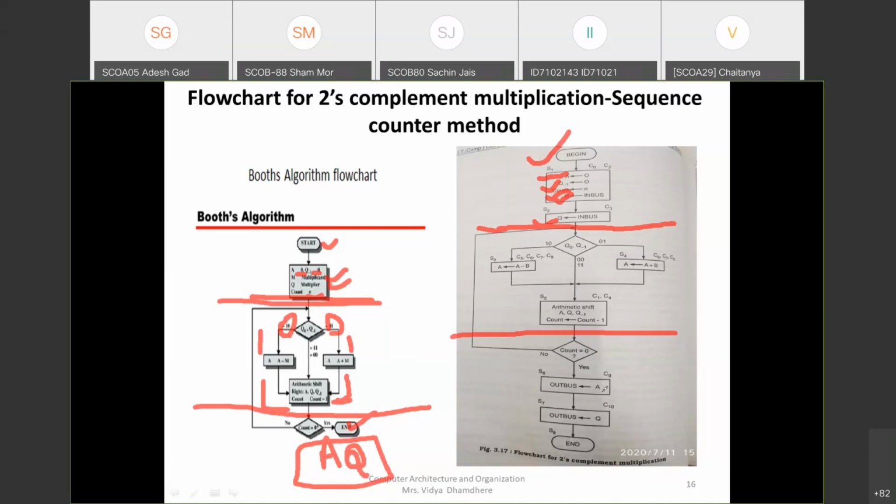The contents of register A will be displayed on the output device, as well as the contents of register Q. That is the third phase, which I explained by comparing these two algorithms, which are similar. The only difference is that we have put the sequence numbers and control signal numbers, and the algorithm is divided into a number of phases whenever we want to design the hardwired control unit.